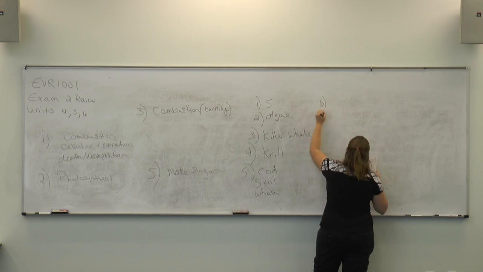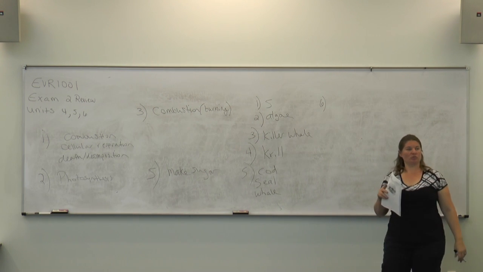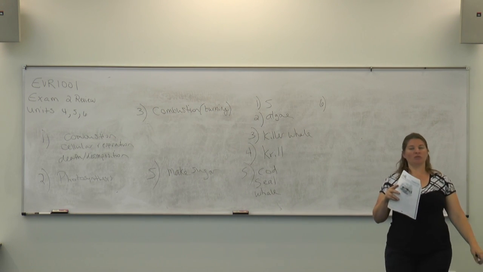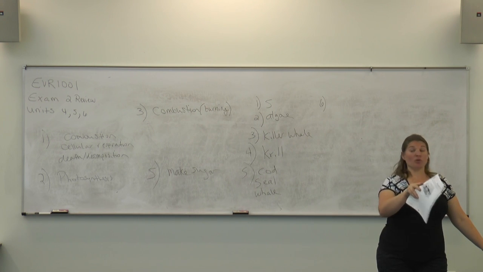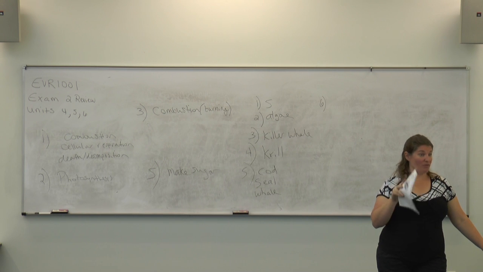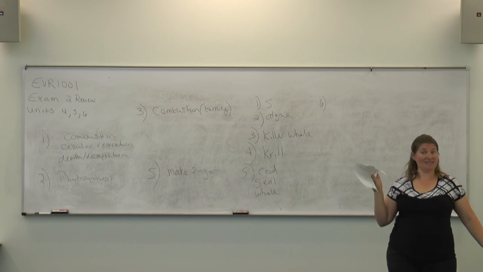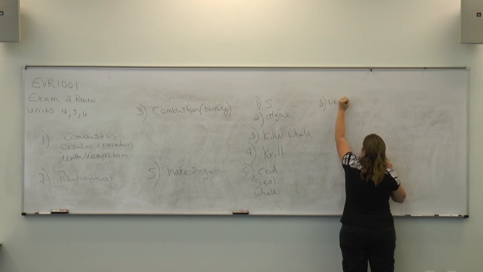Number 6. Does this food chain contain any omnivores? We can't really tell. That's the exact right answer. Food chains will not tell us omnivorous relationships. We can't tell from this limited information, right?